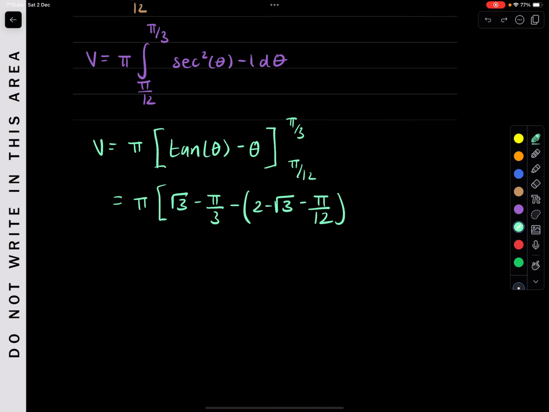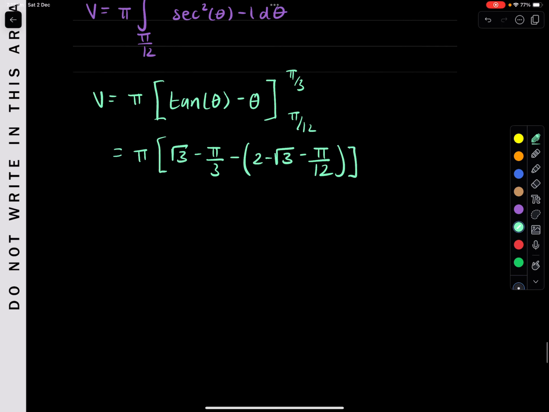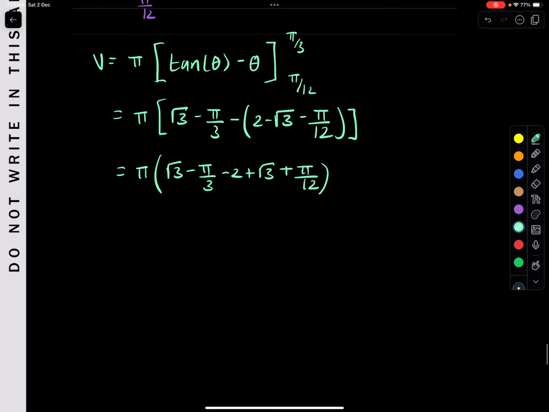So we need to simplify this. Pi times root 3 minus pi over 3 minus 2 plus root 3 plus pi over 12. Is that right? Have I made a mistake? Nope, looks good. So pi times 2 root 3 minus 2. What's minus pi over 3 plus pi over 12?